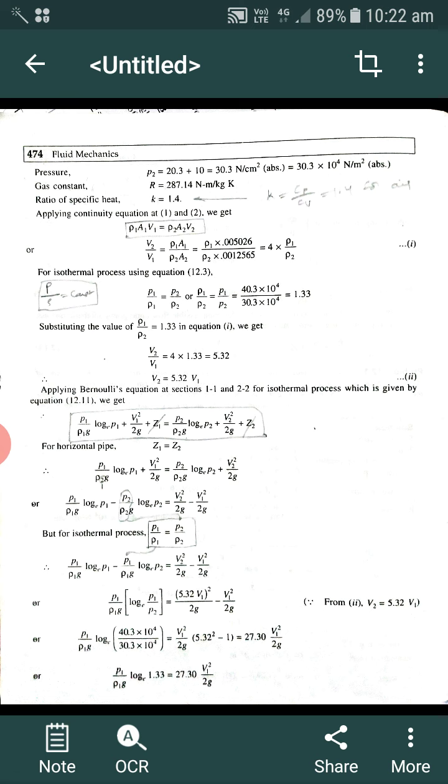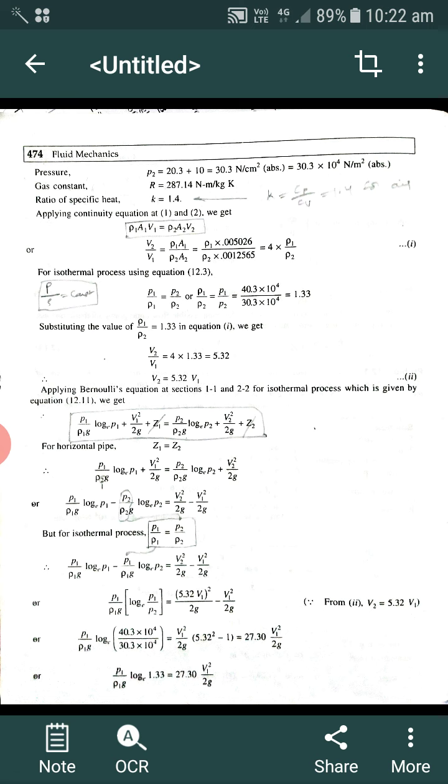But what is the isothermal process? P by rho is equal to constant, that is P1 by rho 1 is equal to P2 by rho 2. Substitute this in the above equation, then take P1 by rho 1 g outside the bracket.